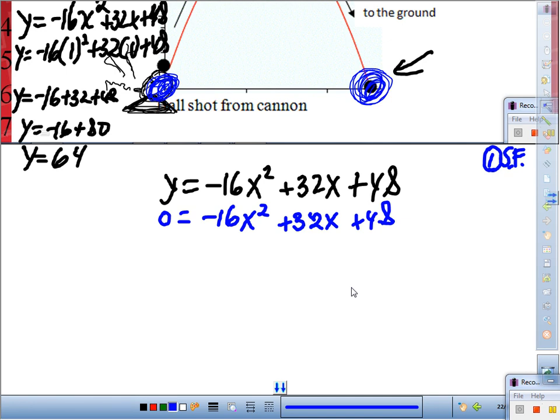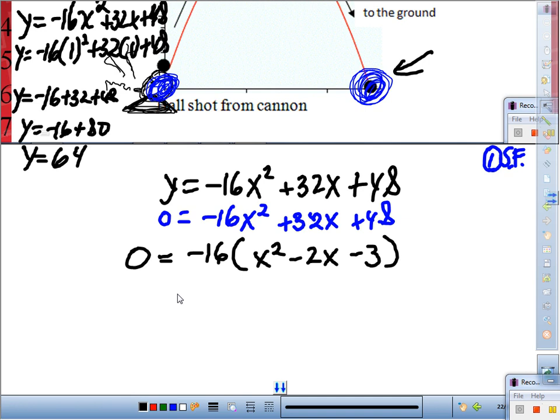From there, last week I said one of the things that we forgot to check before we started solving was to see if it had what? Greatest common factor. So what would be our greatest common factor for all three terms? Negative 16. And we're left with x squared minus 2x minus 3, all equal to 0. What do I do from there, Luca? Look at it.